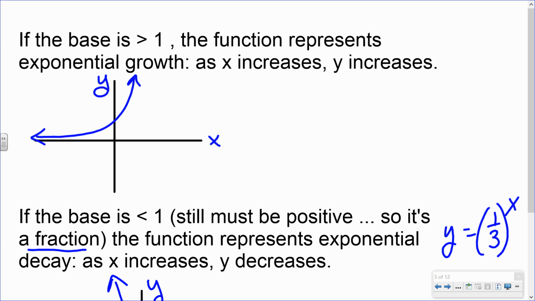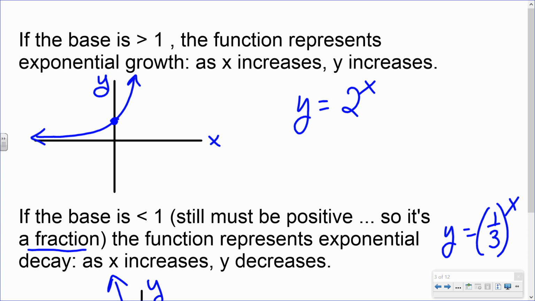So far, so good. Tell me about the y-intercepts on these graphs. Can you tell me what the coordinates are? If it's a y-intercept, what is the x-coordinate of that point? What's the first coordinate of that point? 0. And so if we know what x is and we want y, we're going to plug into our formula. So let's suppose this was 2 to the x.